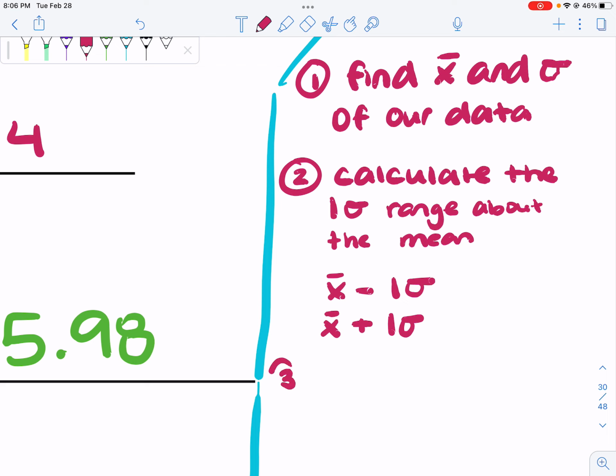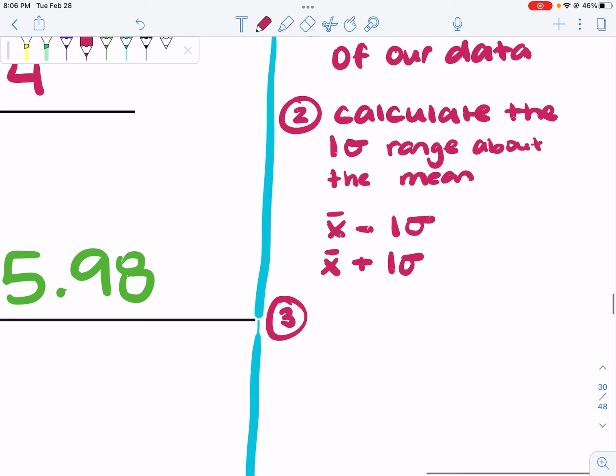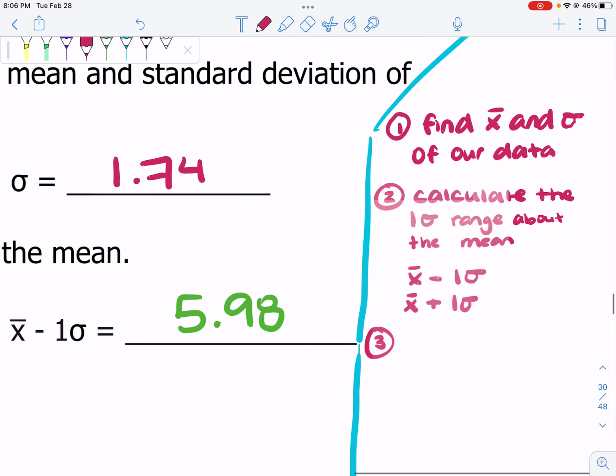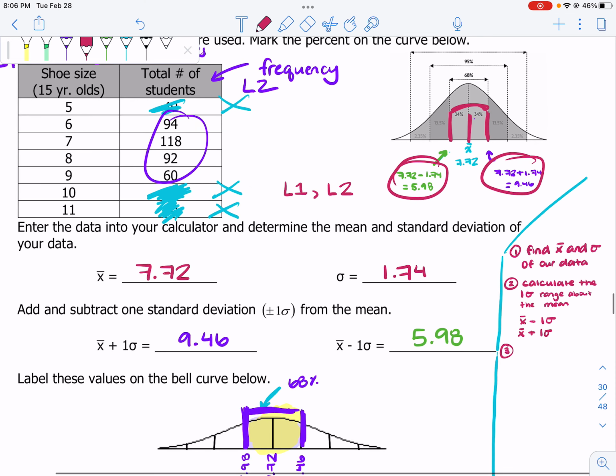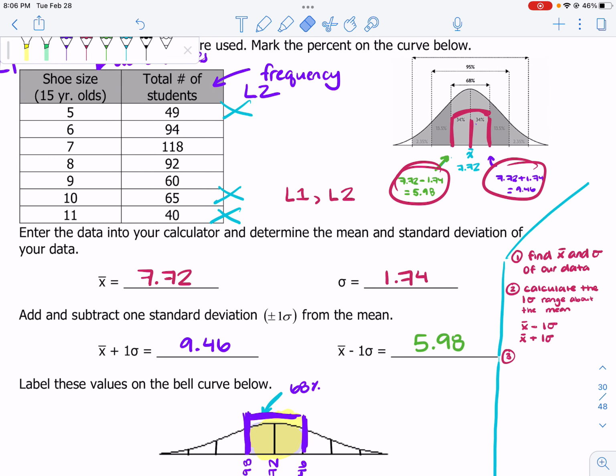Step 3. Step 3 is really just going to be us determining that percentage. For our percentage, we have to find the denominator, we have to find the numerator, we then divide and multiply by 100%. Okay? So to find the denominator, we find the total number of data values within our data set.